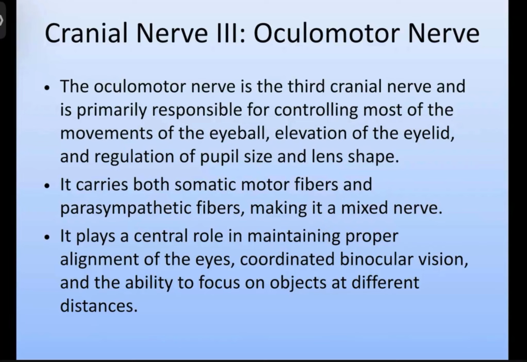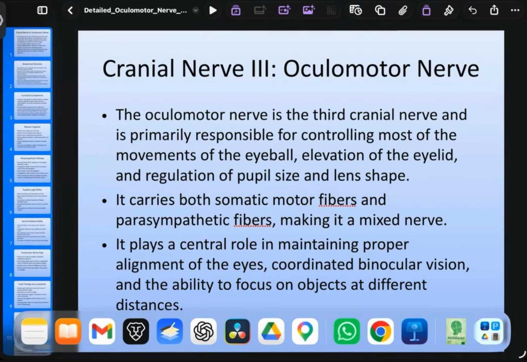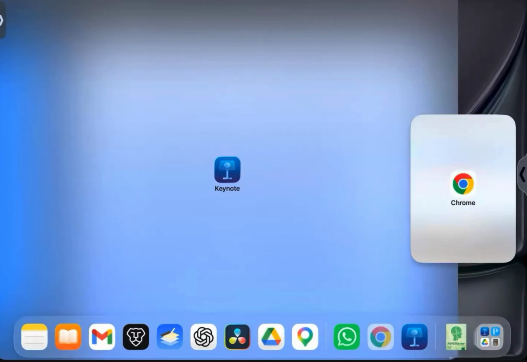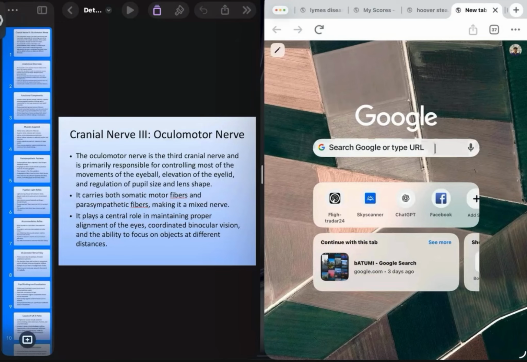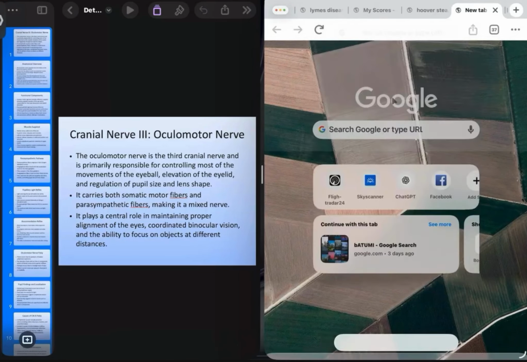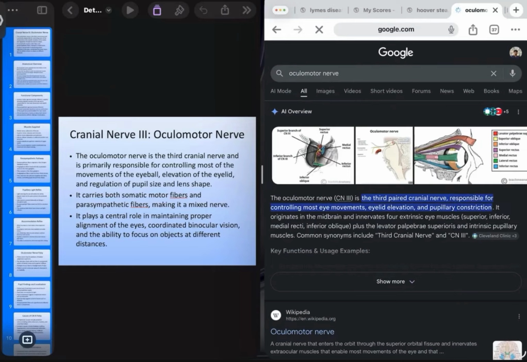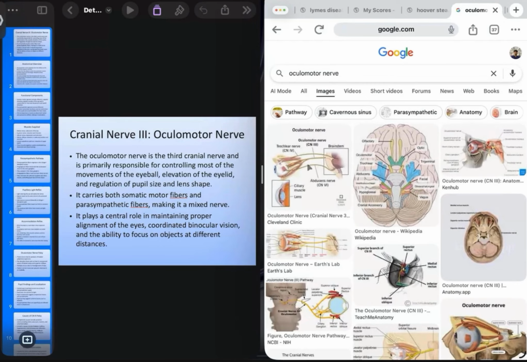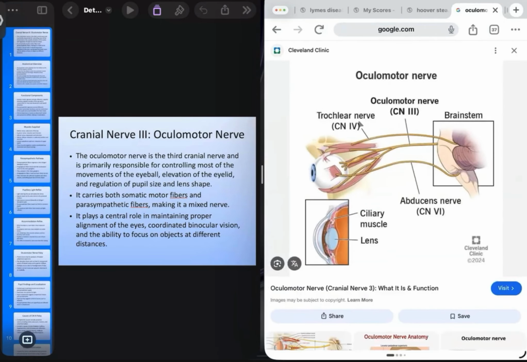Okay, let me quickly show you guys how this looks. All right. So this is exactly where this nerve functions. You can clearly see in this picture. Can you guys see the Chrome that I have just opened? Yes.